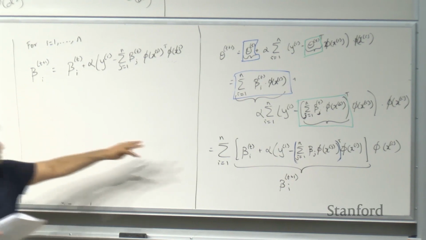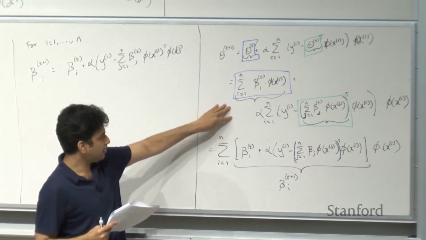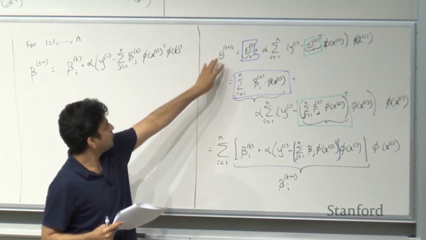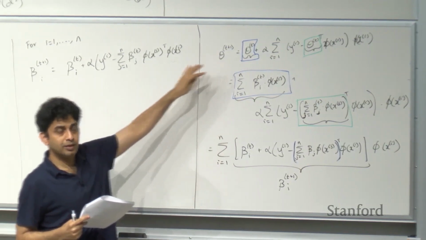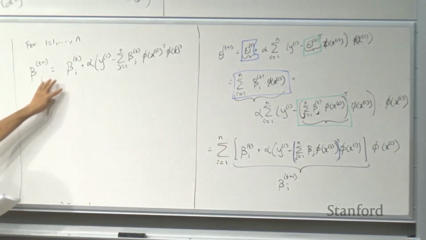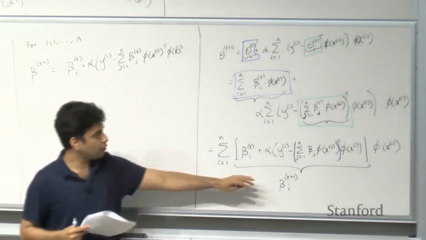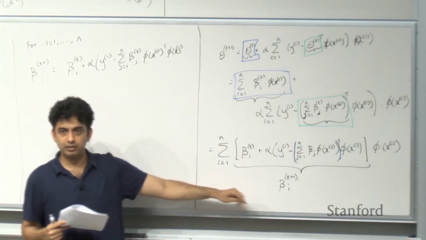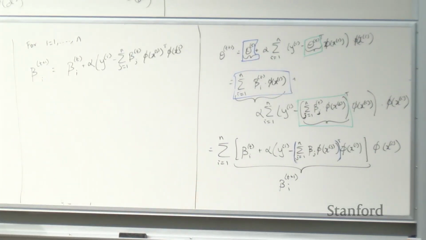So this is basically gradient descent written in terms of theta space, and this is the same gradient descent written as coefficients of the feature vector.